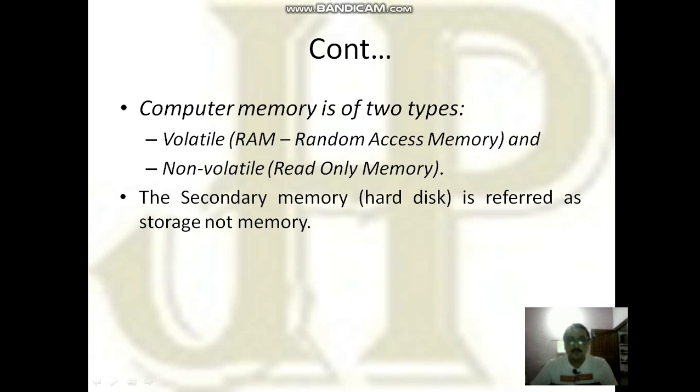Volatile means whenever the power goes off, whatever is written in primary memory gets lost. That means we cannot get back the instructions or data from that memory.